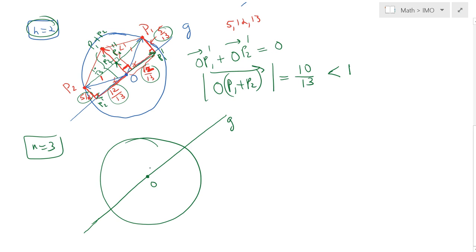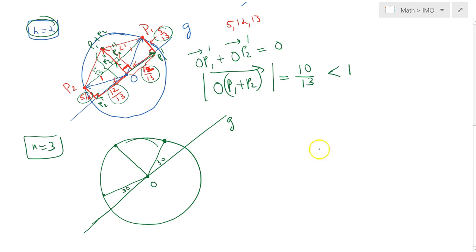For instance, one extreme case would be to put them at 60-degree angles. I can put one at a 30-degree angle here and this one at a 90-degree angle, but it doesn't matter. This shape would definitely blow outside the circle when you add them. When you start brainstorming, you realize that things are not obvious.